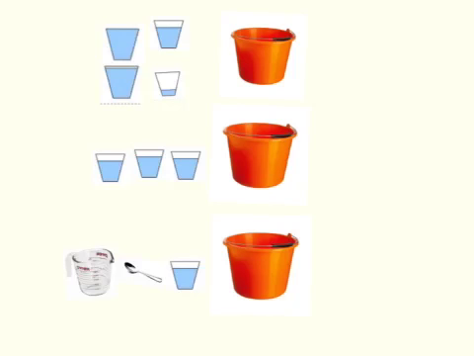Now we're going to also talk about in this lesson how to measure capacity correctly, because there's a right way and there's a wrong way to measure capacity. Okay, so let's have a look here. I've got 3 ways that I've measured the amount of water that can fit inside this bucket here. Could I use 4 cups that are all the same size but with different amounts of water in them?